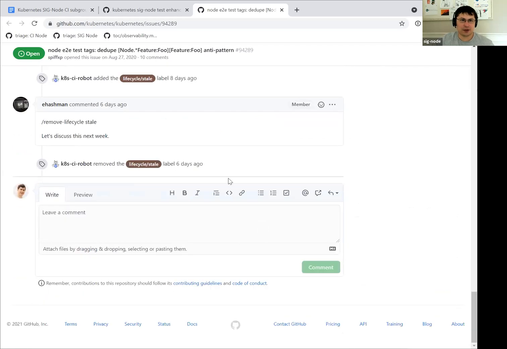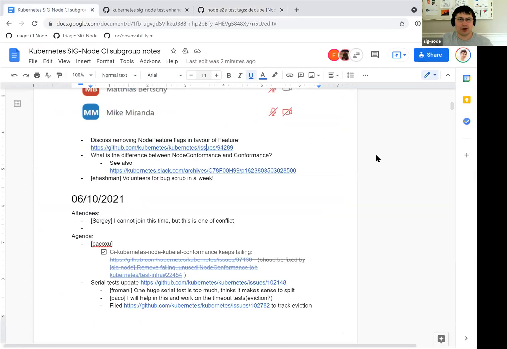Milana suggested to discuss that. What I did before, I ran some analysis. You can run Ginkgo and just dump the list of tests. So I analyzed the tags out of this output, and we don't have many features actually in Node.